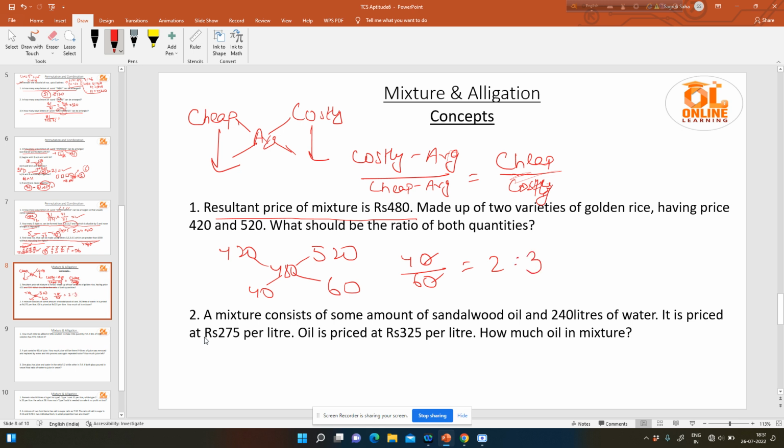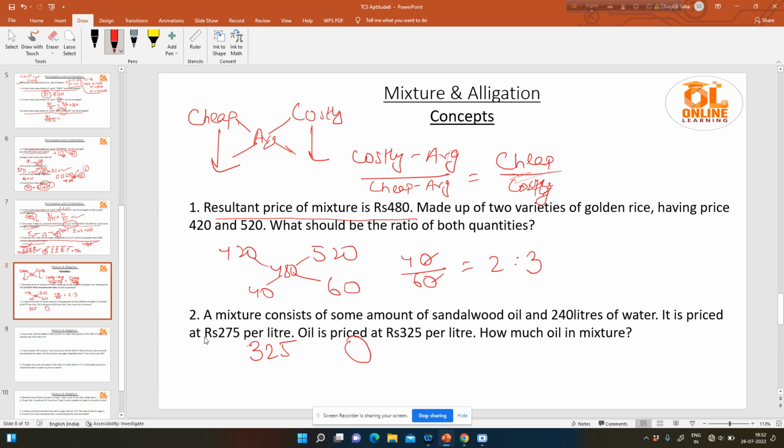Now, the second question is, a mixture consists of some amount of sandalwood oil and 240 liters of water. It is priced at rupees 275 per liter. Oil is priced at rupees 325 per liter. So, how much oil is in the mixture? First let us find out the ratio of oil and water. What is the cost of oil? It is 325, and as the water cost is not given, it must be free, so that is 0.